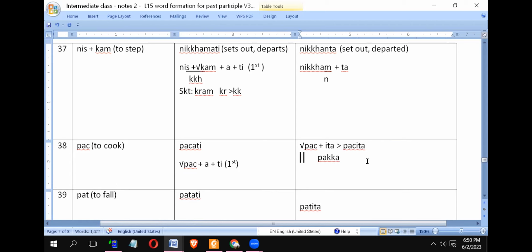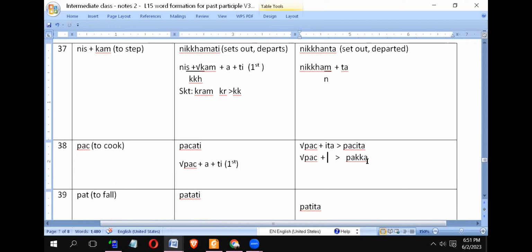This one will be pakka, you mean? Pak plus ta. How can it change to KK? Duplication. How does it change to KKA?